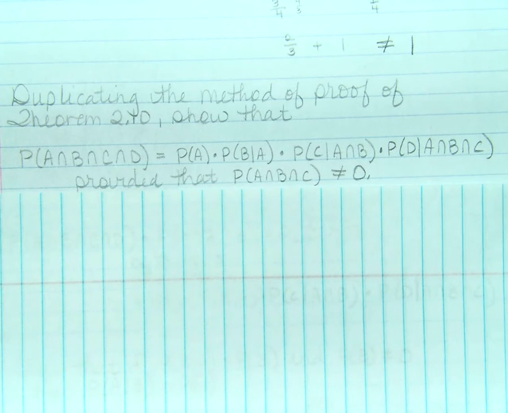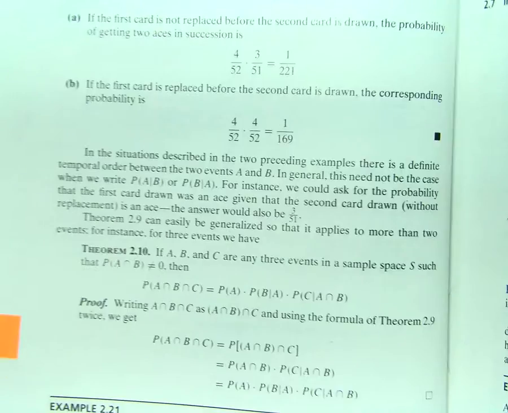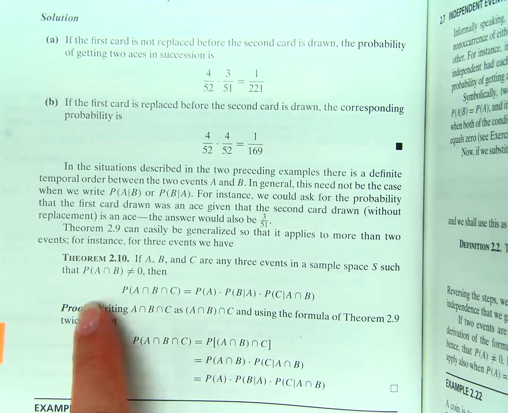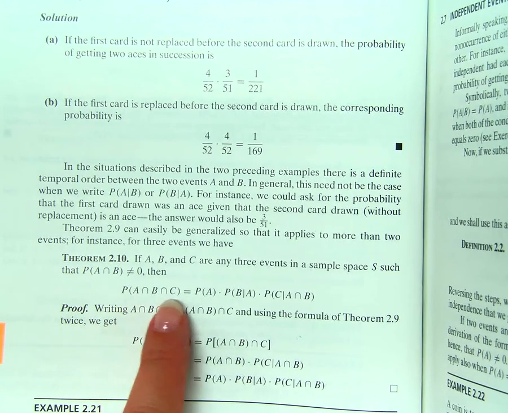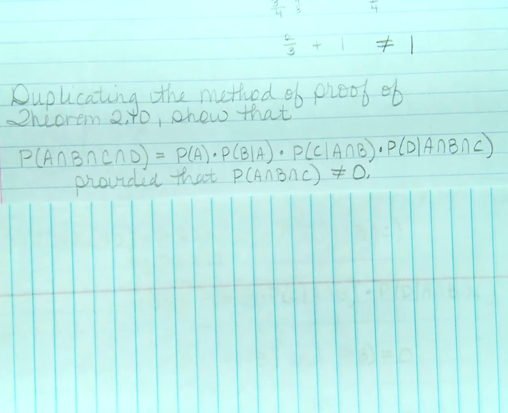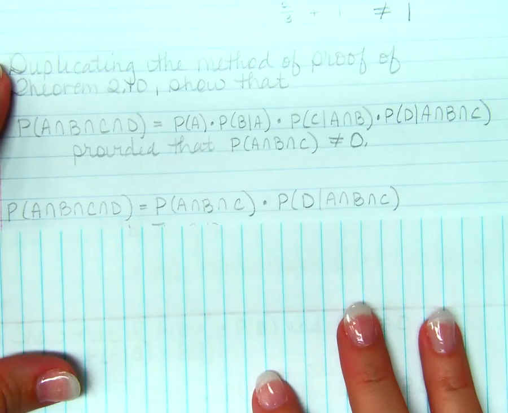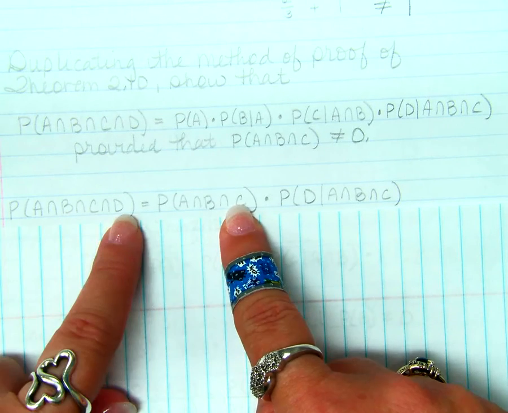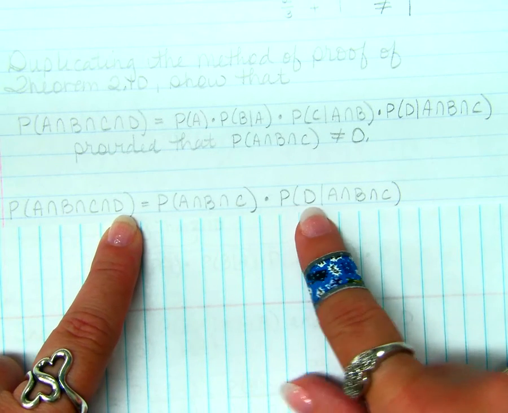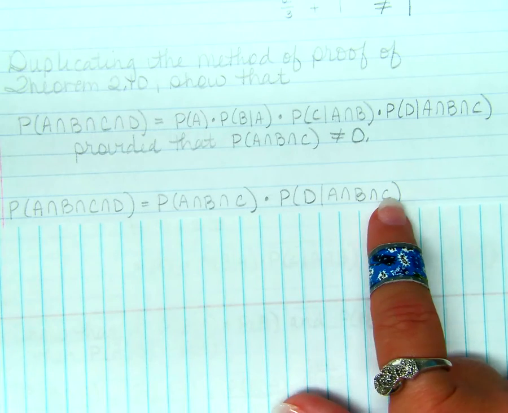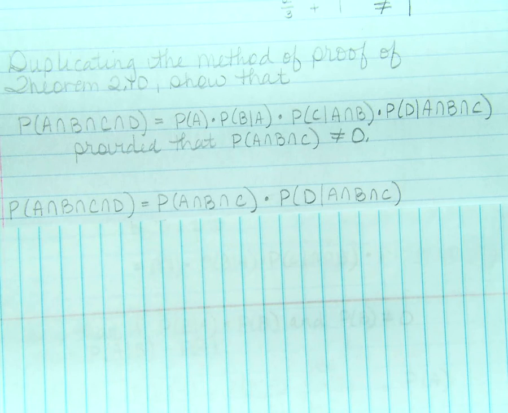So I looked in my textbook for the proof to problem 2.10, which is right here, and I noticed that we already have the value, because of the proof, we already know that A intersect B intersect C has this value right down here. So I used that in my proof. I said, first of all, we can separate this to be the probability of A intersect B intersect C times the probability of D given A intersect B intersect C, because that's the same pattern that it was in proof 2.10.